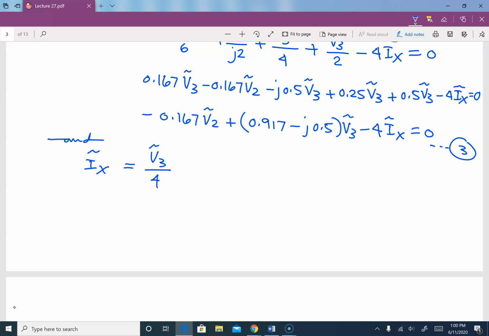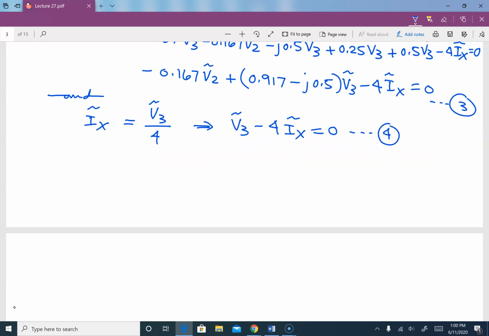Divided by 4. And from that, we can say V3 minus 4ix is equal to 0. And this is our fourth equation. So now we have to put those in matrix form.